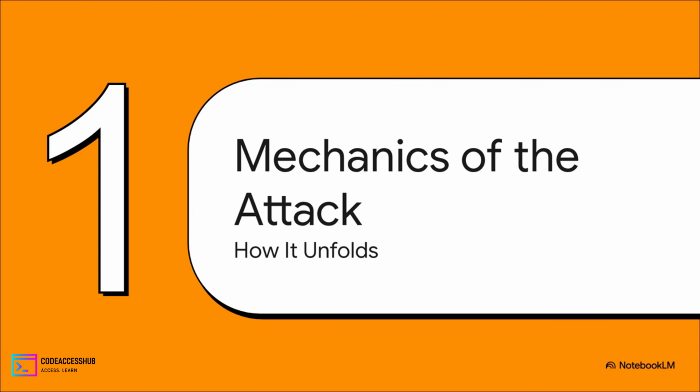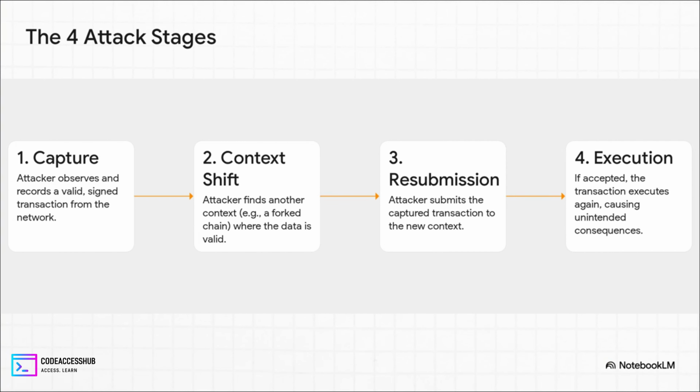So, how does this actually play out on a blockchain? Let's walk through the step-by-step mechanics of how one of these attacks unfolds. It usually happens in 4 stages. First up is capture. This is easy. An attacker just watches a public blockchain and records a valid transaction you made. Second is the context shift. This is the clever part.